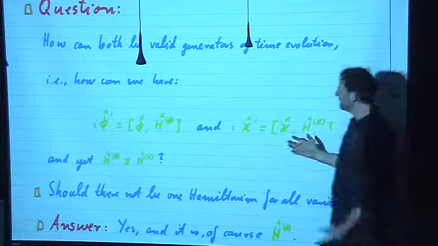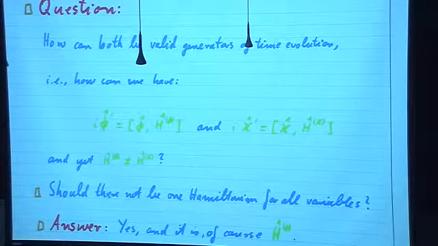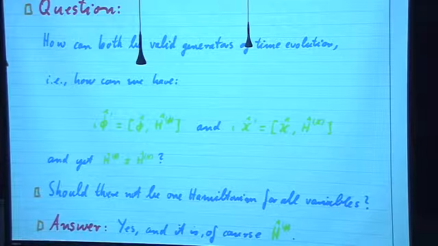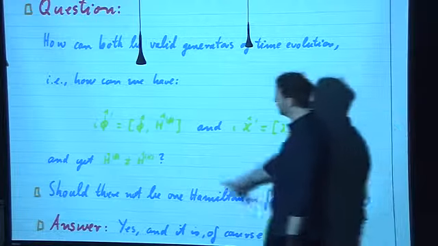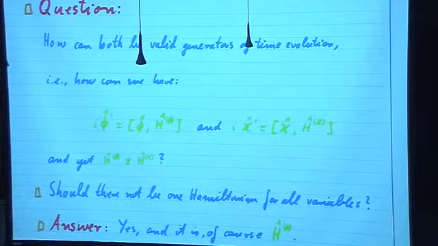How do they know which Hamiltonian they have to commute with in order to generate their time evolution if the two are not equal? Shouldn't there be just one Hamiltonian for all variables?